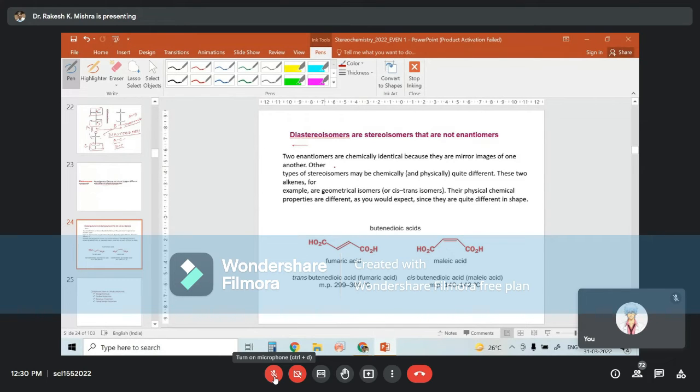Two enantiomers are chemically identical, but they are mirror images of each other. Among geometrical isomers, like fumaric acid and maleic acid, there is a diastereomeric relation.